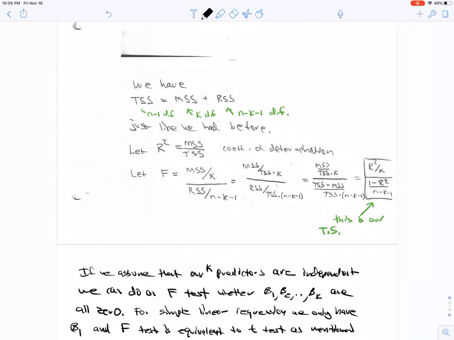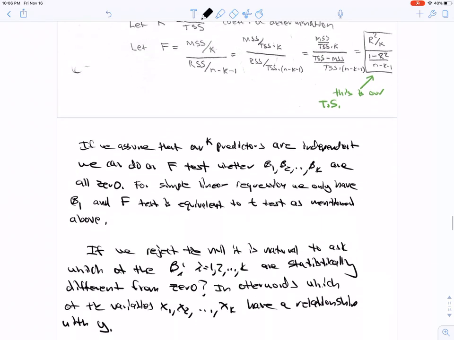We can define an F statistic as MSS over k divided by RSS over n minus k minus 1, which you can rewrite in terms of R squared as R squared over k divided by 1 minus R squared over n minus k minus 1. So this is our test statistic now.